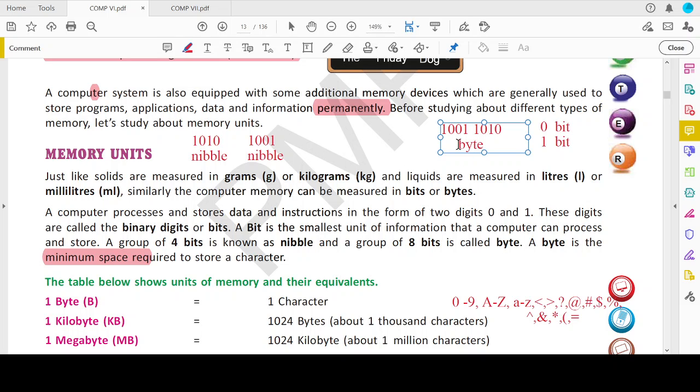So when you combine two nibbles, you get a byte. That is, a group of 8 bits is called a byte. A byte is the minimum space that you require to store a character.